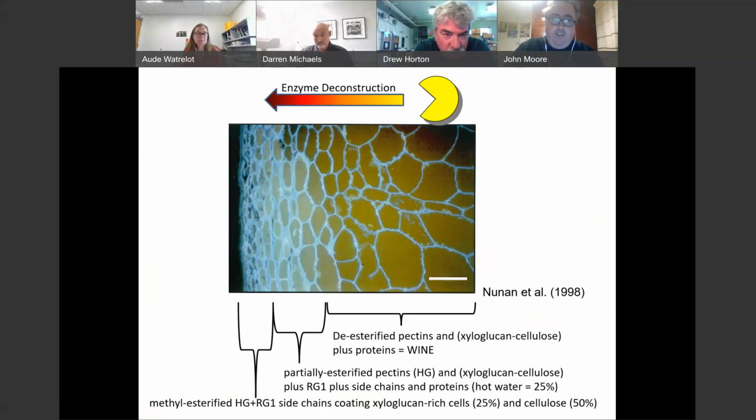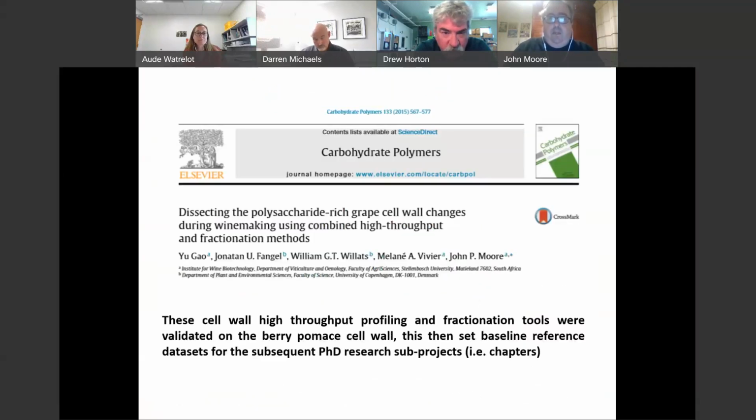So in order to get to the skin tissue, your enzyme has to go through at least two complex layers of pectin. And the final layer of pectin is very tightly associated with this hemicellulose components. So we published this in a journal, Carbohydrate Polymers, where we discussed this model of two layers using the fractionation approach, two layers in the pomace tissue, and then we continued with the PhD study.